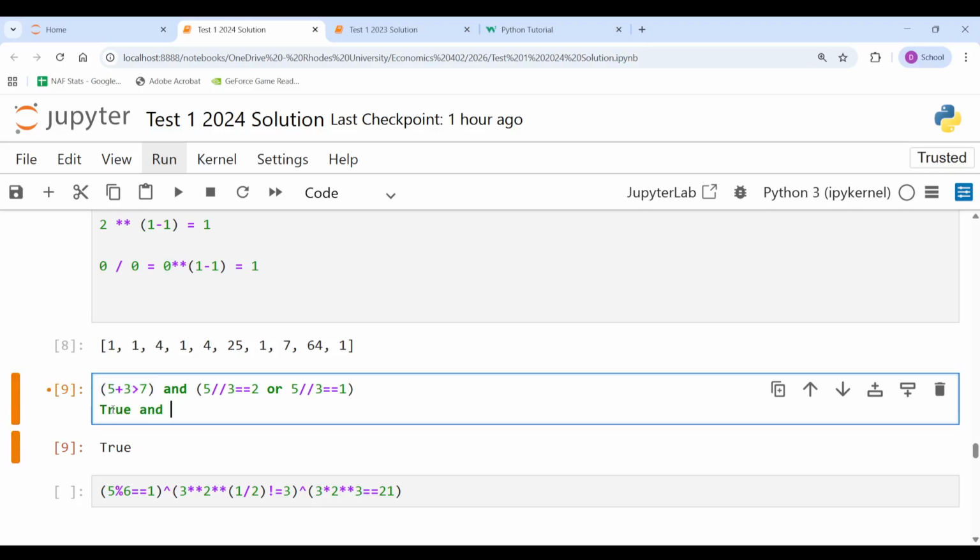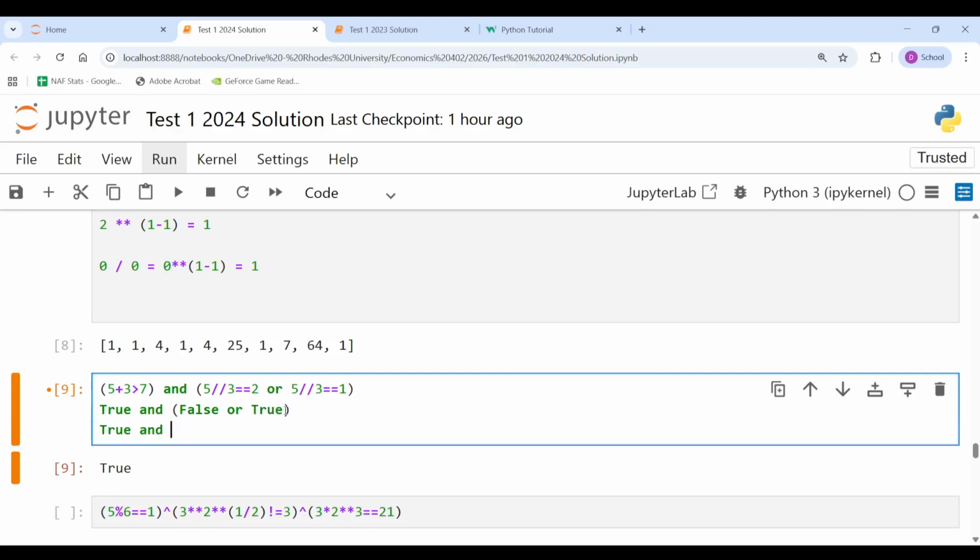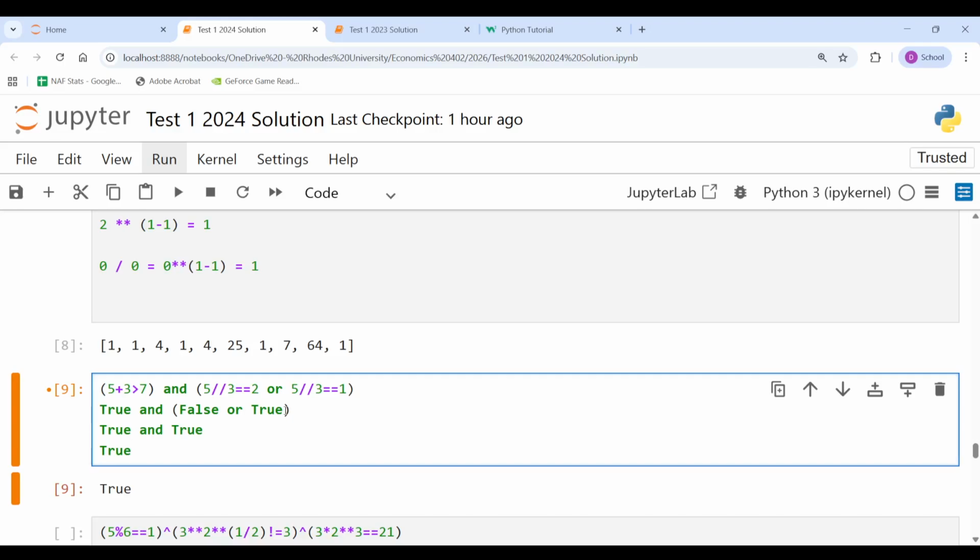So we have true and, so 5 integer division 3 is true, right? Sorry, 5 integer division 3 is 1. Sorry, I was thinking of modulus. So it's true. Then we have true and we have false or true, which is true. Then we have true and true, which is true. If I ask you to show your working, that's what I mean. Okay?